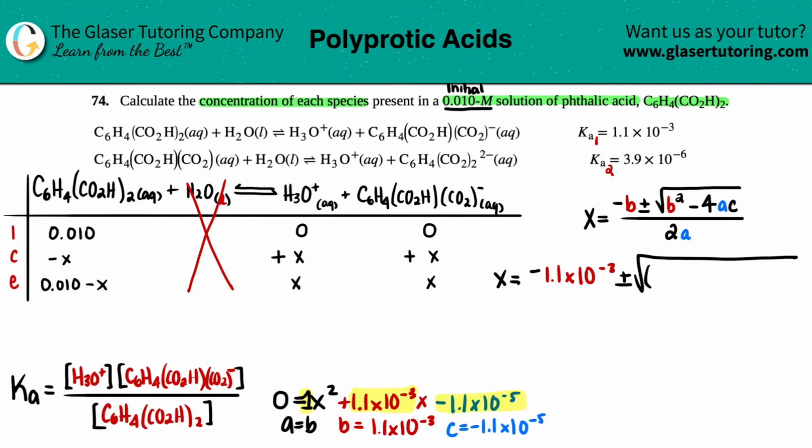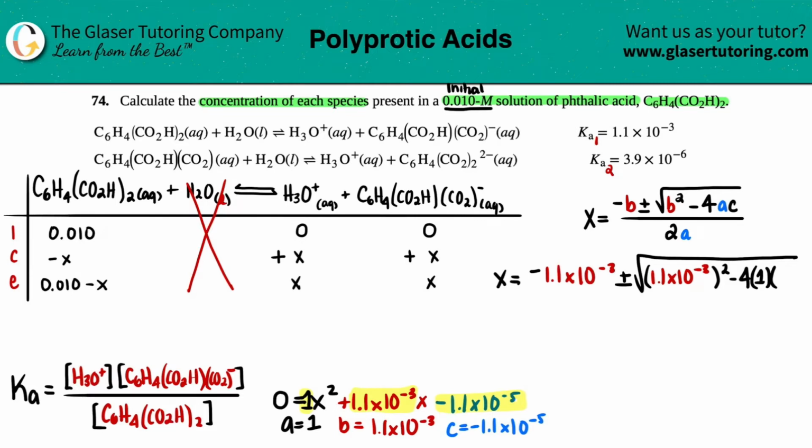So we're going to square that b value, which is 1.1 times 10 to the negative third. Close that up. Minus 4 times a. A was just, how did I say a equals b? A equals 1. I guess I was chit-chatting. So, times 1. Now we have to times by c.